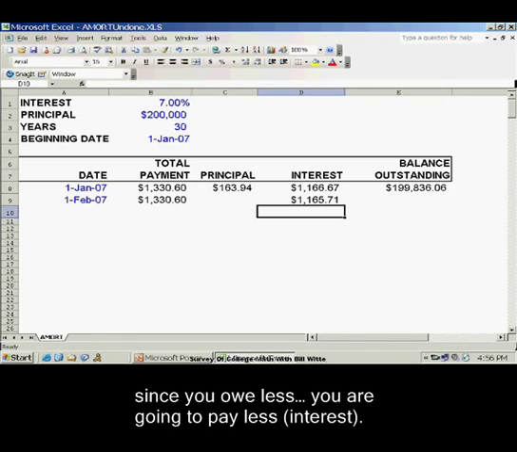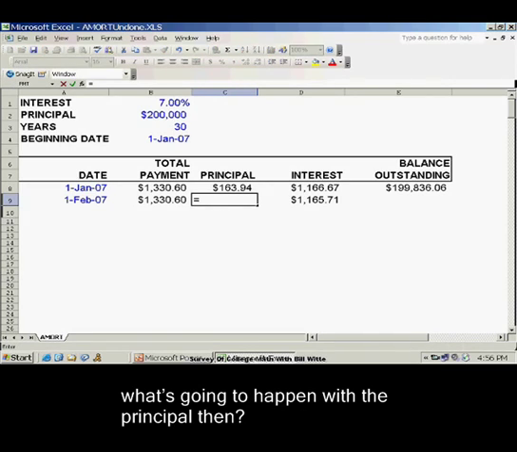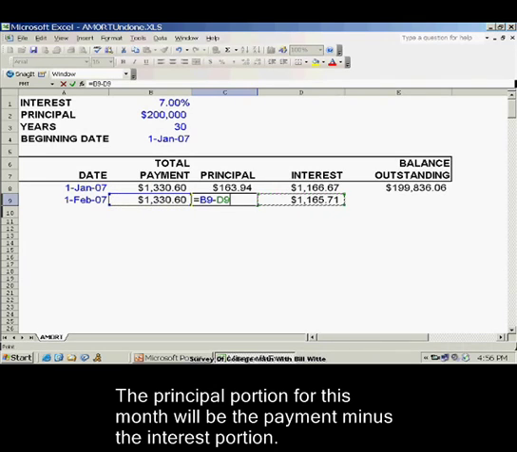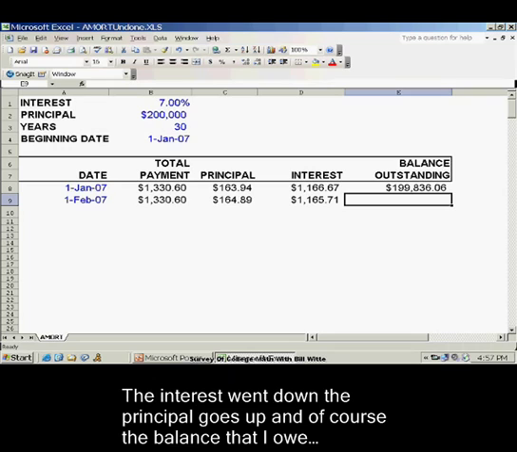So our interest only went down $1, but I know what's going to happen with the principal. The principal is going to be the payment minus the interest, B9 minus D9, and the principal is going to go up, isn't it? The interest went down, the principal goes up, and of course this principal is going to go against the balance that I owe.